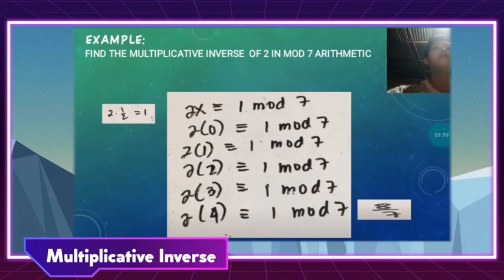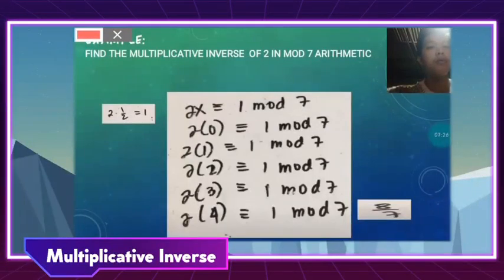So let us translate. We have given 2x congruent to 1 modulo 7.